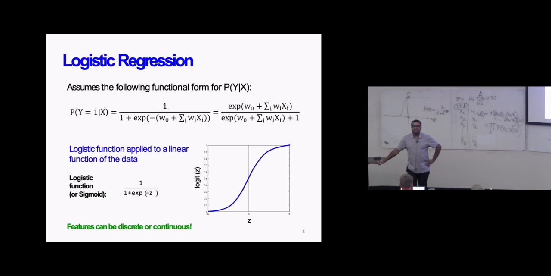Questions? Okay. So whatever w maximizes this function, this joint probability, is your right w. That's what we are trying to figure out now. And how do you maximize a function?